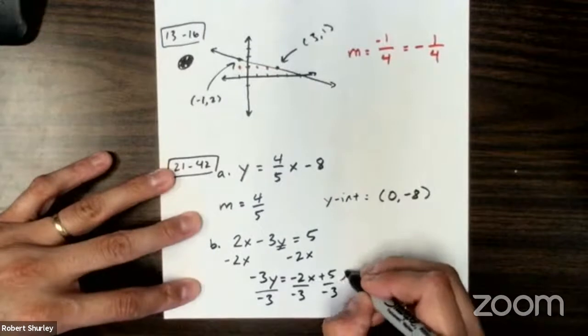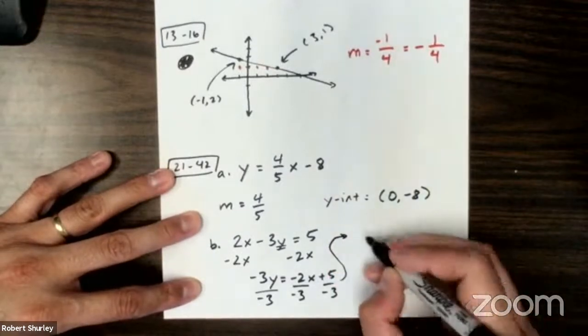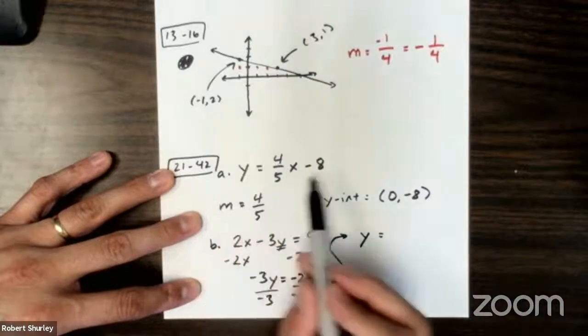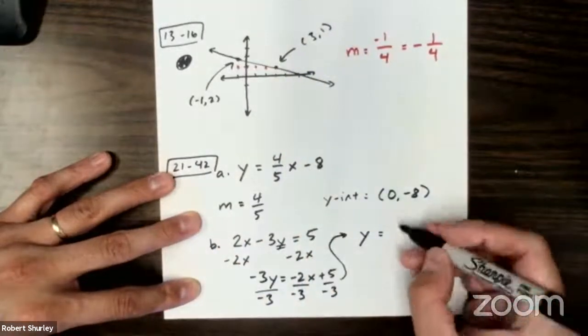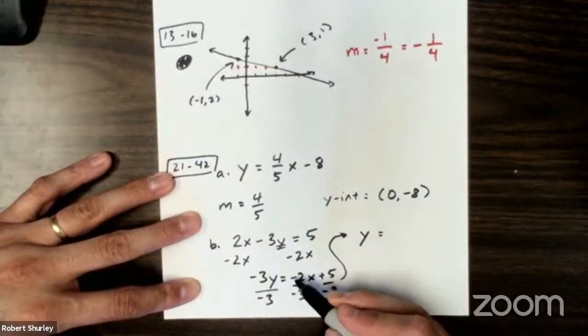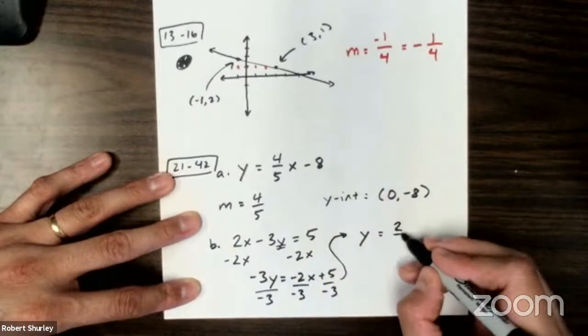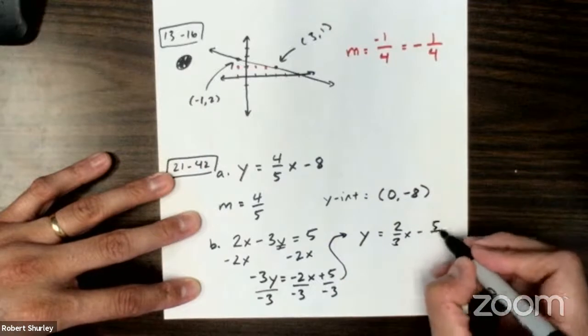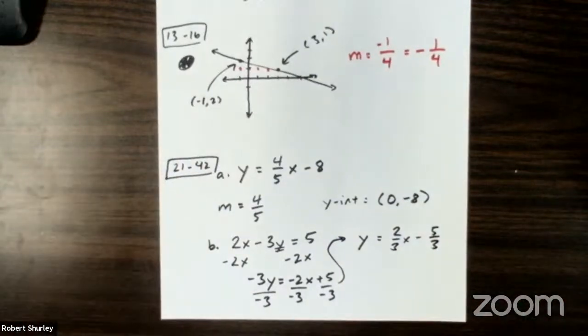So when I do that, and I'm going to write it up here because I'm running out of space, I get my y by itself, which is what I have to have for this to work, right? Y equals, now look, the negative and negative only in math turn positive. And then we've got a minus 5/3, right? So 2/3 x minus 5/3.